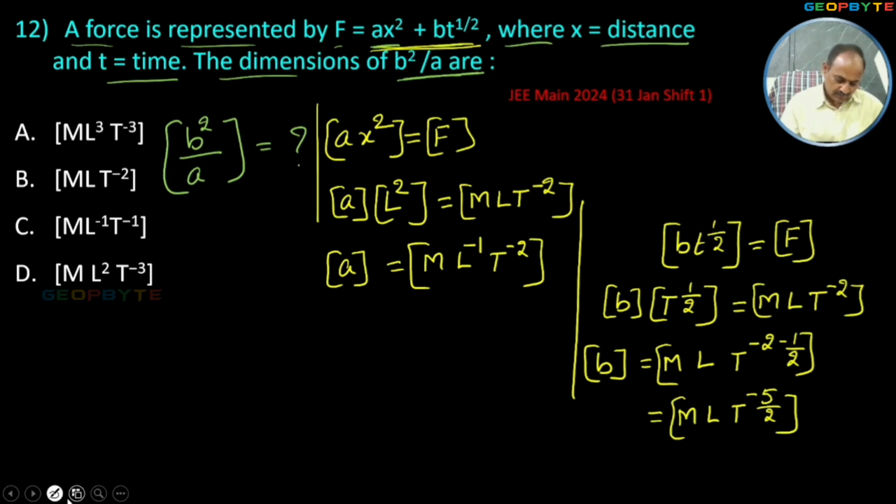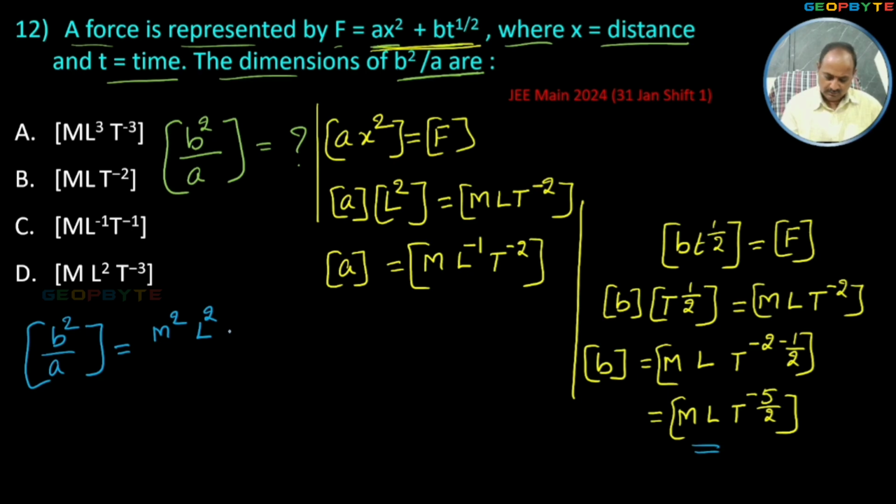But you want B squared by A dimensional formula. This is the B value, B squared: M power 2 L power 2 t power minus 5, divided by A. This is the A dimensional formula: M L power minus 1 t power minus 2.